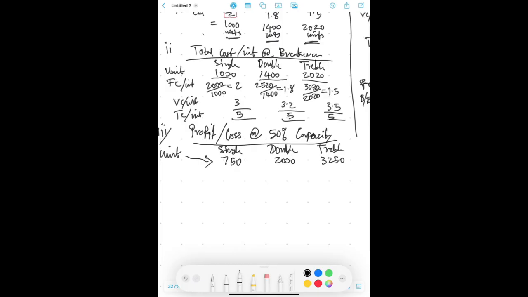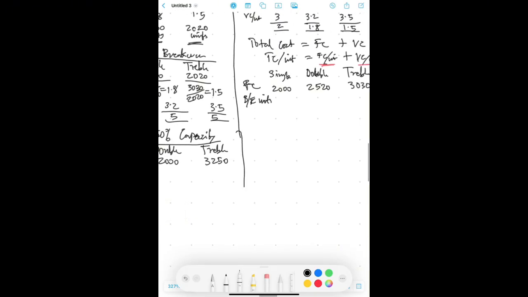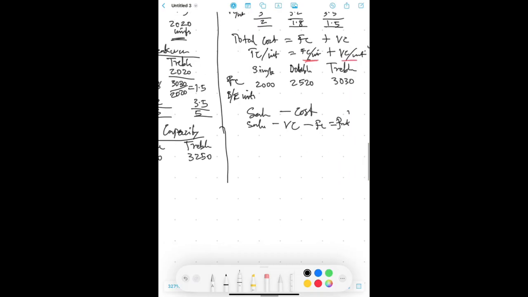These are units. So we have to calculate the profit or loss. To calculate your profit, it's just sales minus cost. But cost can be broken down further: sales minus variable costs minus fixed costs equals profit.